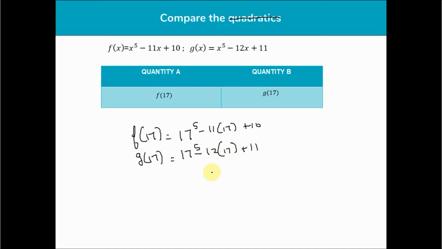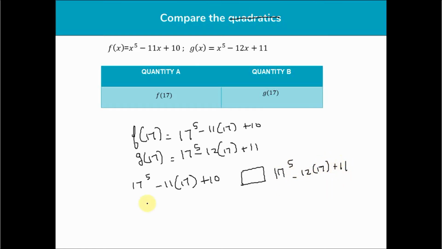Let me tell you, GRE ETS is very student friendly. They don't want you to sit and calculate 17 power 5. Nobody wants that, right? So now when you're going to compare it, let me put a box so that you identify what I'm trying to do here. I'm going to compare 17 power 5 minus 11 times 17 plus 10 with 17 power 5 minus 12 times 17 plus 11.